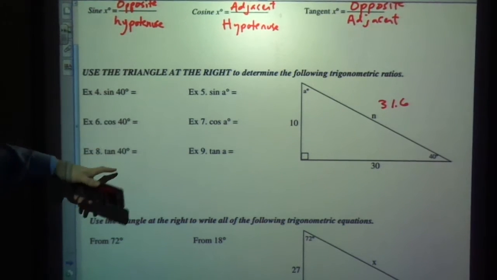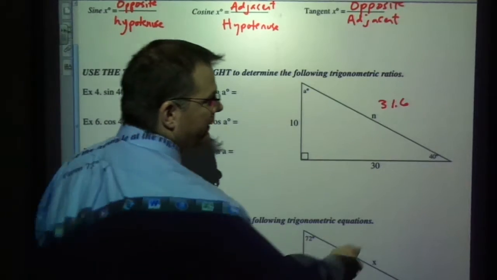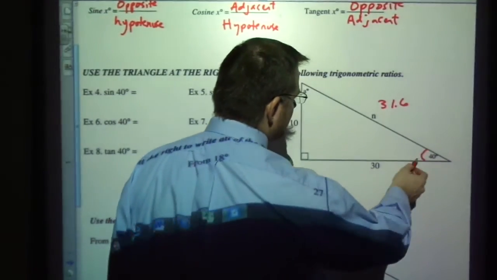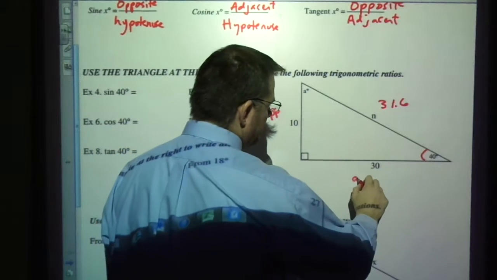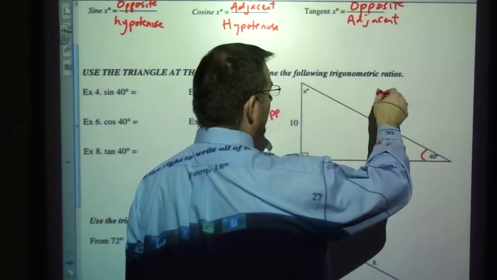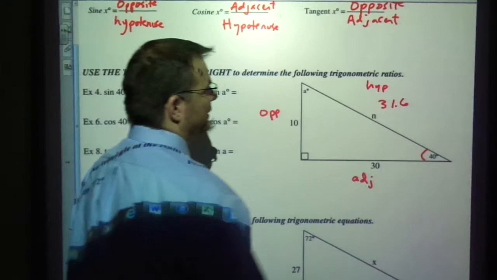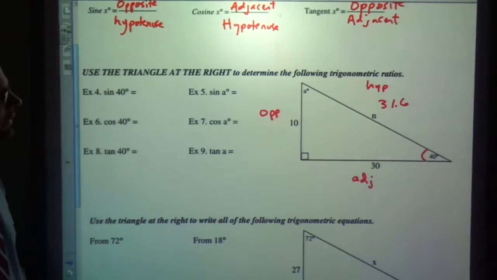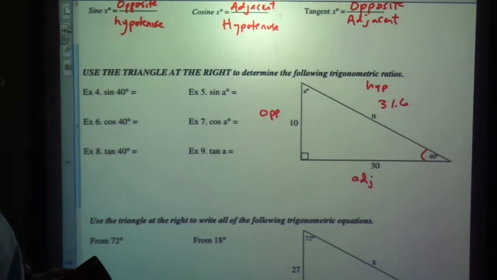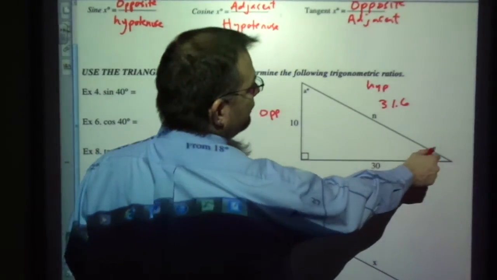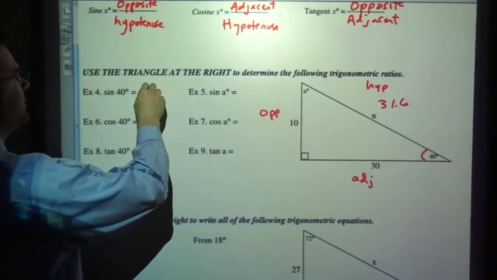So if we're looking at the 40 degree side, then this is my angle of reference. So we would call this the opposite side. We would call this the adjacent side. And this is the hypotenuse, right? So sine of 40 degrees just means the opposite divided by the hypotenuse. For 40 degree angle of reference, the opposite is 10.